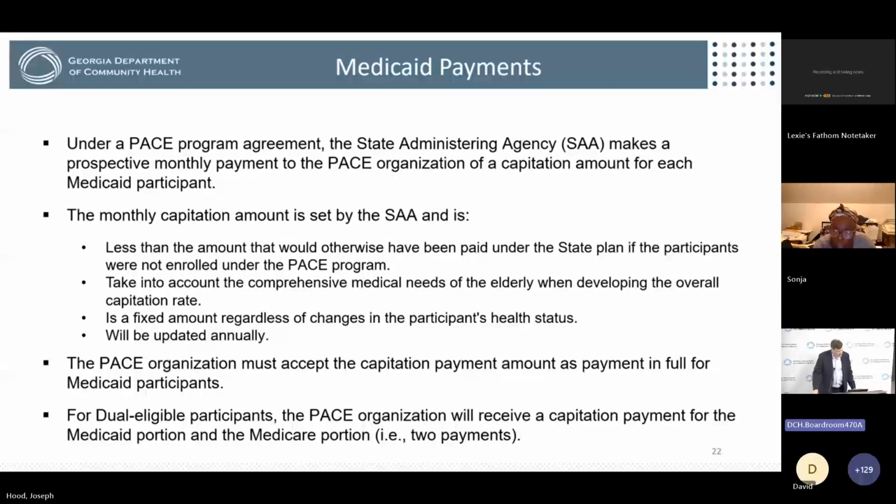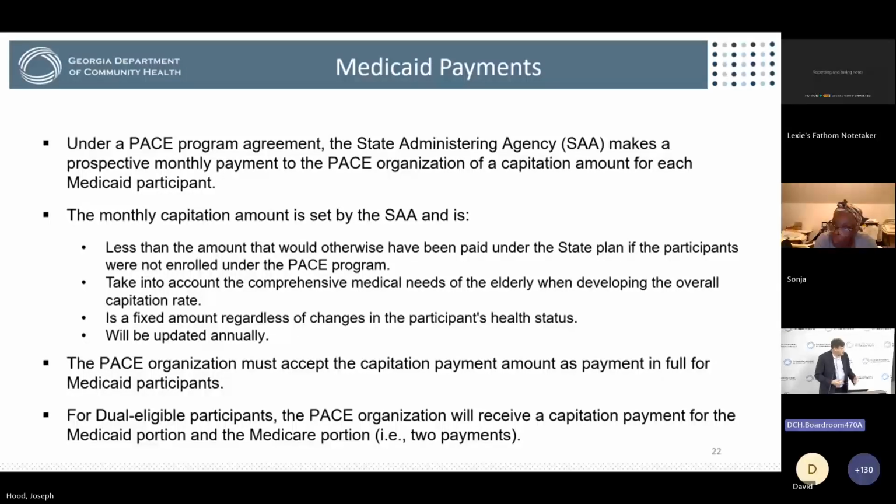And it takes into account the comprehensive medical needs of the elderly when developing the overall capitation rate. It's a fixed amount regardless of changes in the participant's health status, and it's updated annually. For those who are familiar with the care management organization, the department has a number of care management organizations that we contract with for Medicaid enrollment.